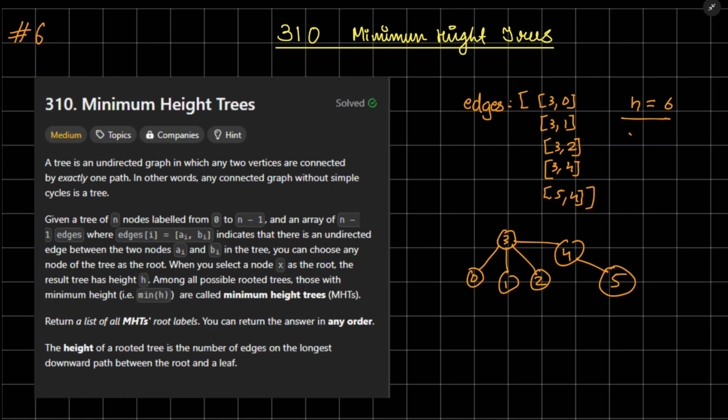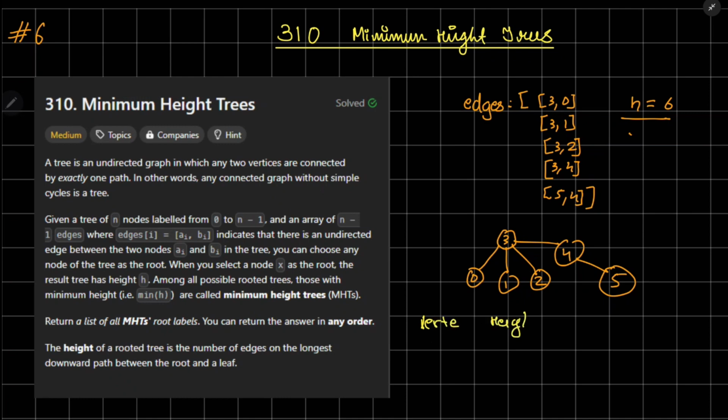So for example, in this graph, let's say I choose this 0 as my root. So what will be its height? It will be 1, 2 and 3. So its height will be 3. Okay, so let's write it down here for our vertex and our height.